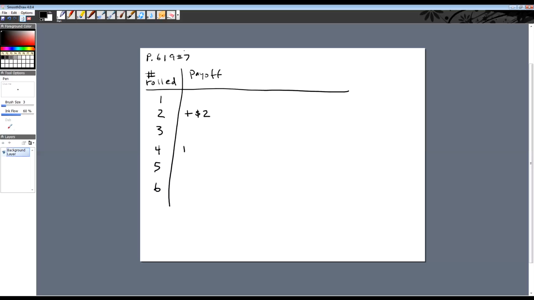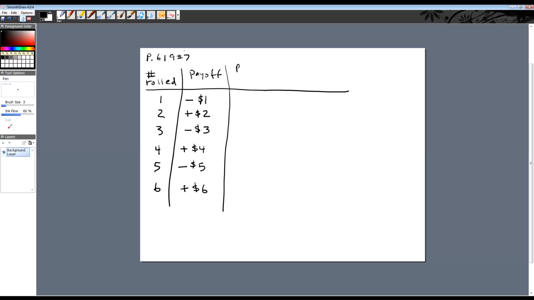So there are 1, 2, 3 even numbers. So we would add that number of dollars to our pocket. But if an odd number of spots turn up, you must pay as many dollars as there are spots up. So you would be out $1 here, you'd be out $3 here, you'd be out $5 here. So this would be the payoff.